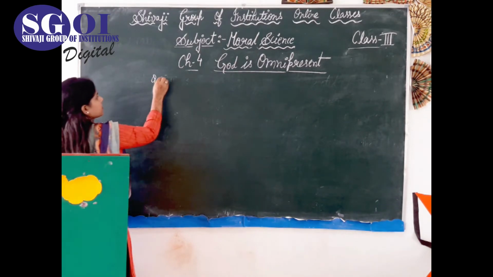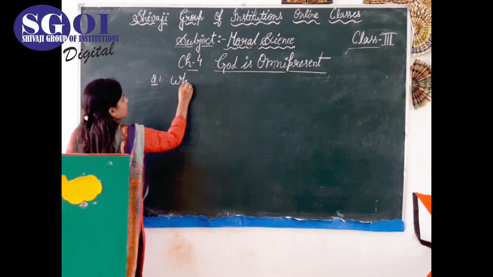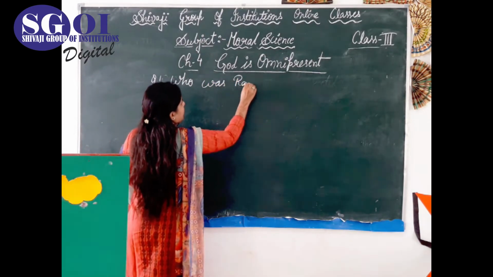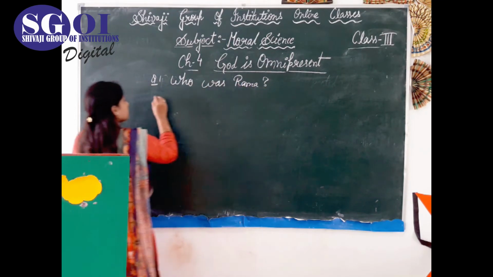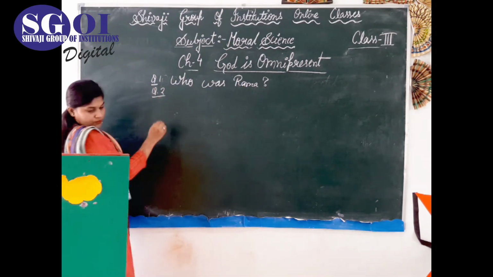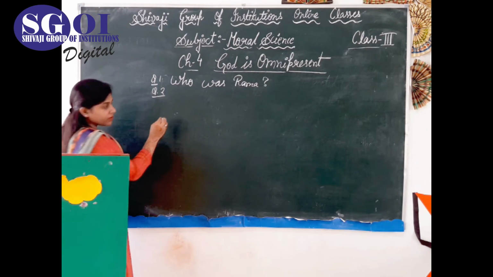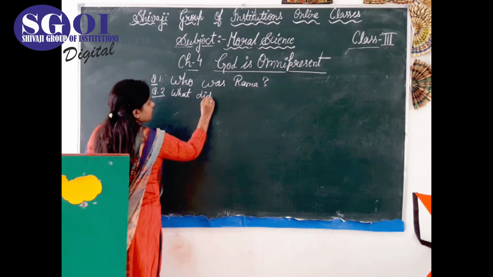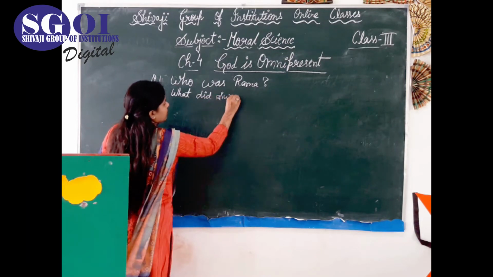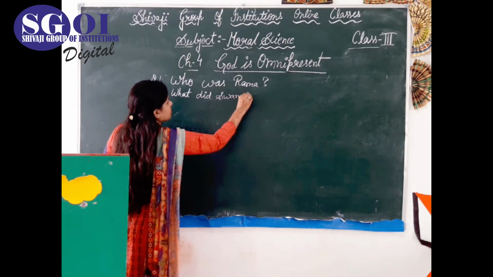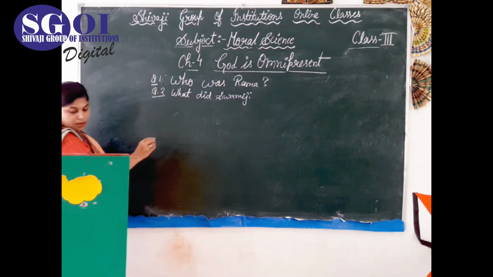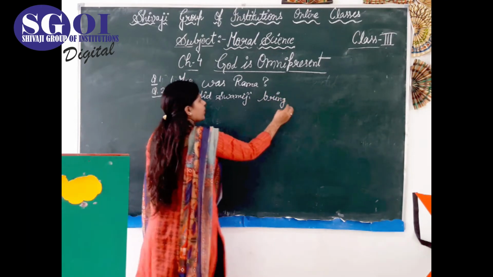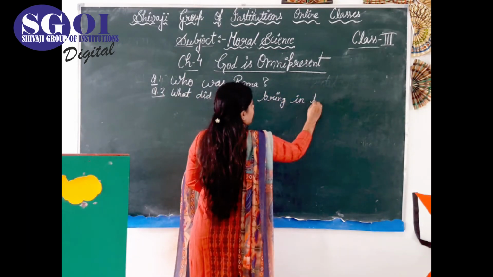First question is who was Rama? Question 2. What did Swamiji bring in the cages?